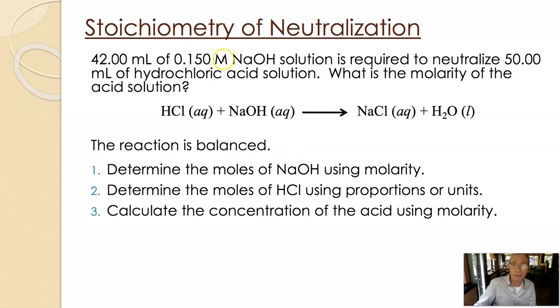We've got the concentration, we've got the volume. The volume we can quite easily change to liters. Then from there we can determine the moles of the HCl just using proportions. We know it's a 1-to-1 ratio from our balanced reaction. So however many moles of NaOH are reacted, that's how many moles of hydrogen chloride are reacted.